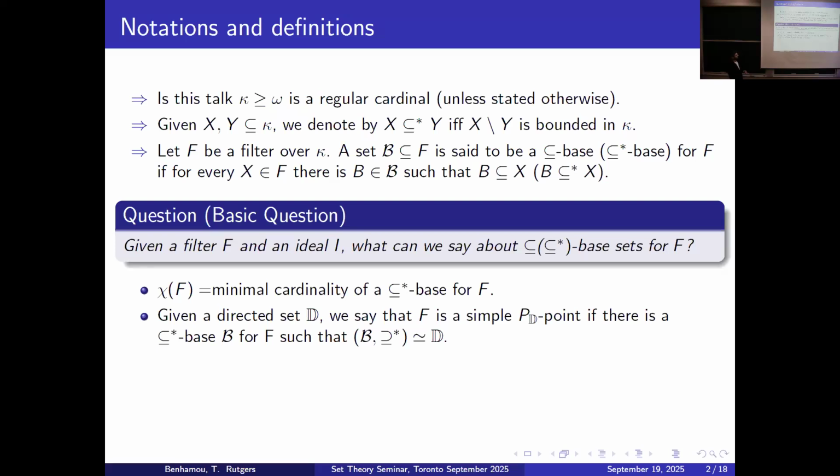Then a simple P_D point just means that you have a decreasing sequence modulo bounded, of length lambda, that generates the filter.